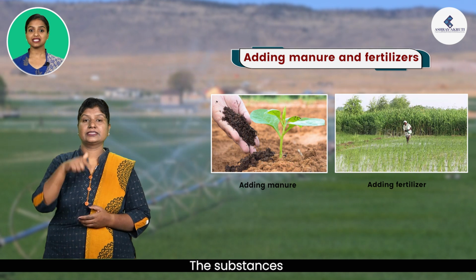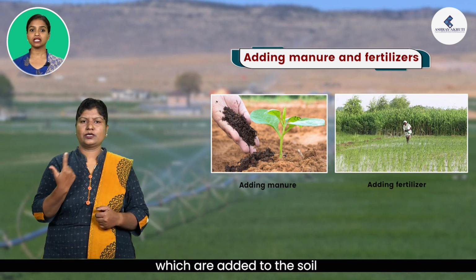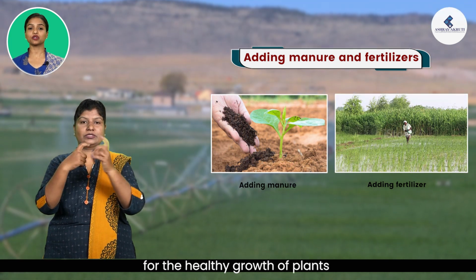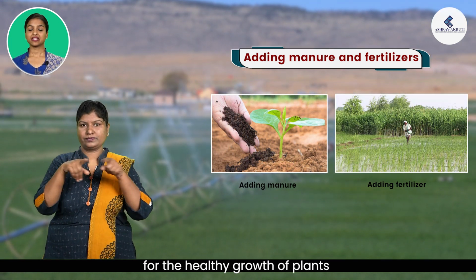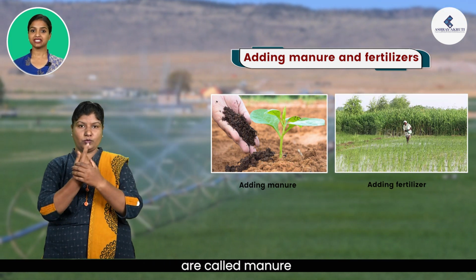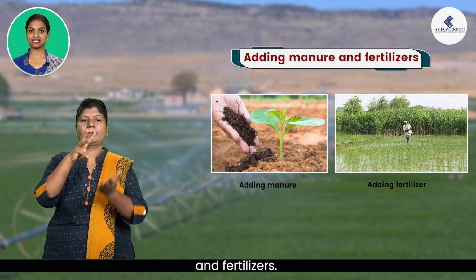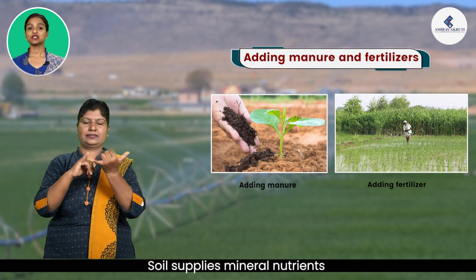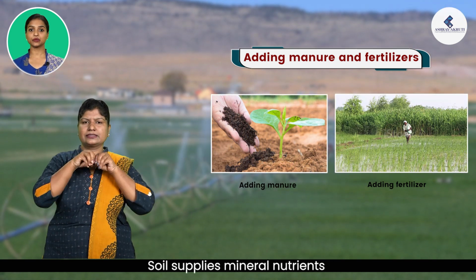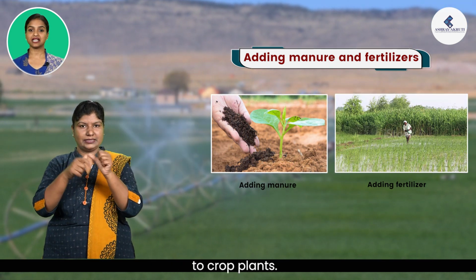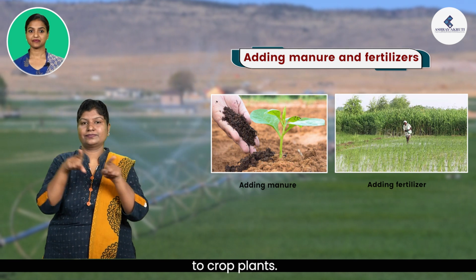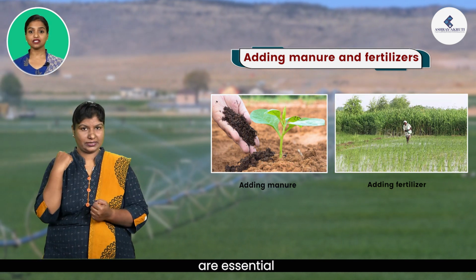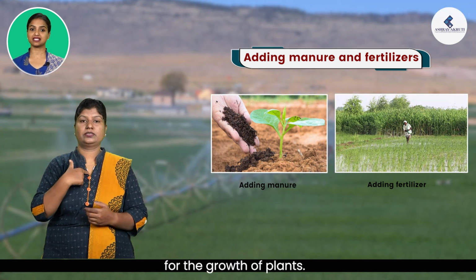The substances which are added to the soil in the form of nutrients for the healthy growth of plants are called manure and fertilizers. Soil supplies mineral nutrients to crop plants. These nutrients are essential for the growth of plants.